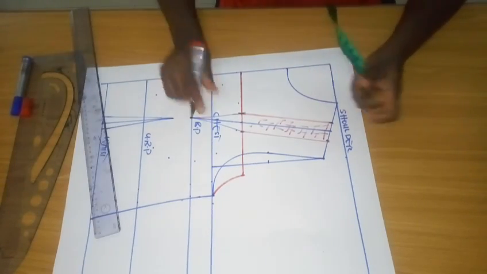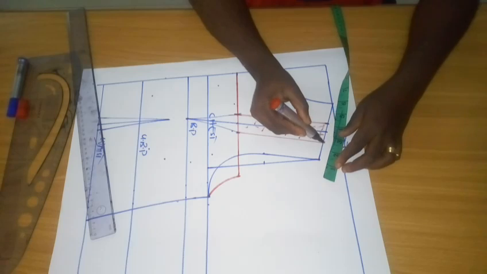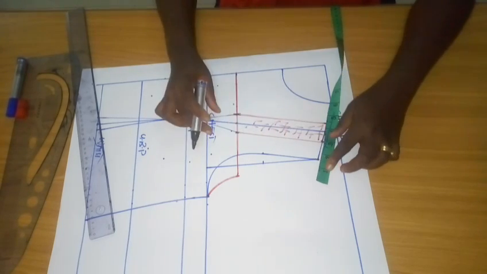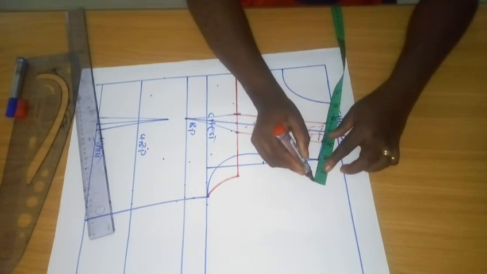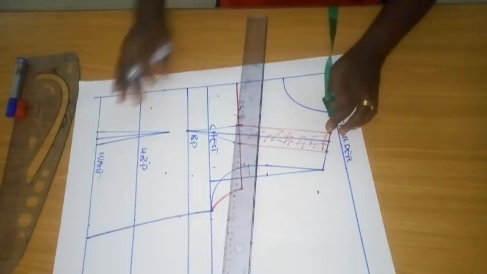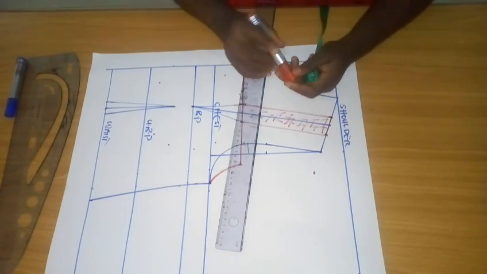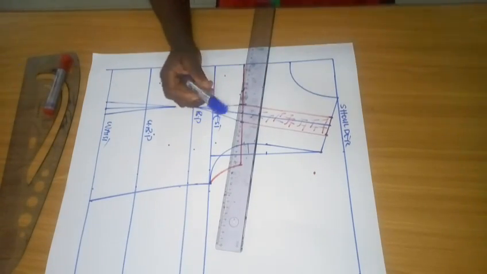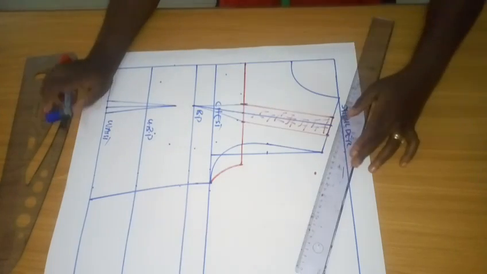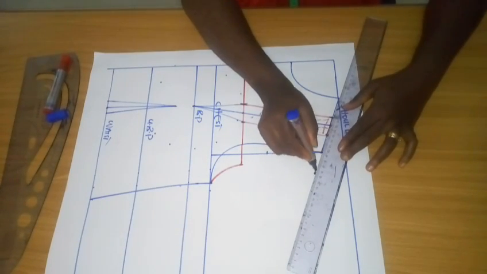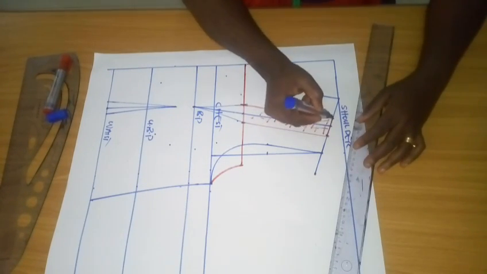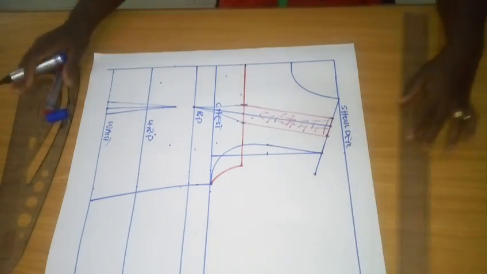So what are we going to do next? We are going to replace what we are cutting off here on this line. Can you see? Okay, so if you look at this neckline, it's somehow technical, okay, but this is how to go about it. So from here right now, I've replaced what I took, 1.5 has been replaced in here.